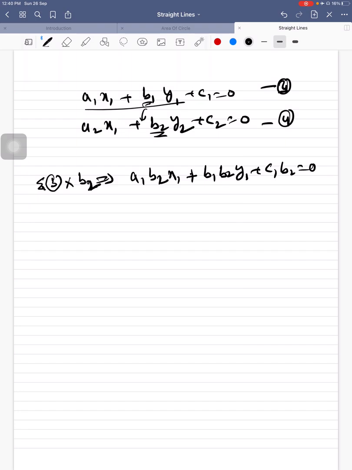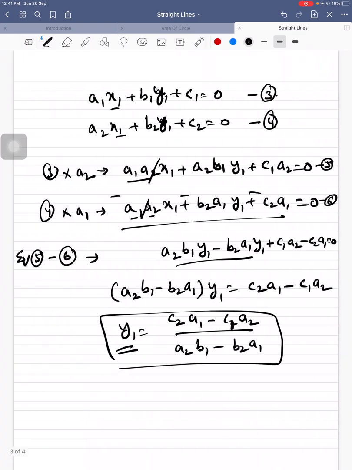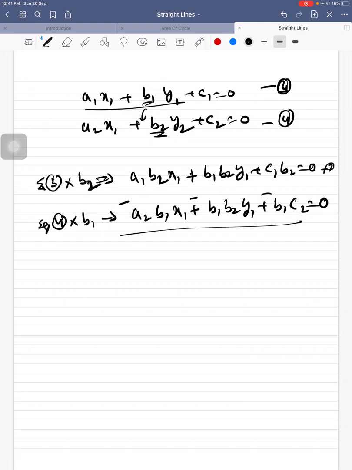Now equation 4 into b1 gives a2 b1 x1 plus b1 b2 y1 plus b1 c2 equal to 0. Now subtract equation 7 minus equation 8; the y1 terms cancel each other.